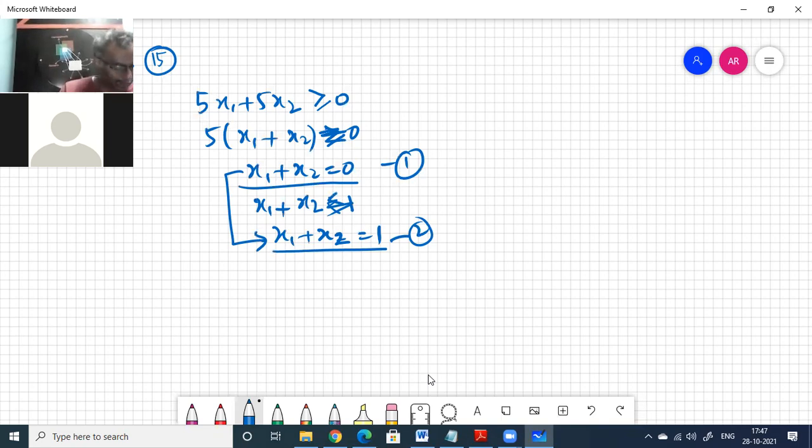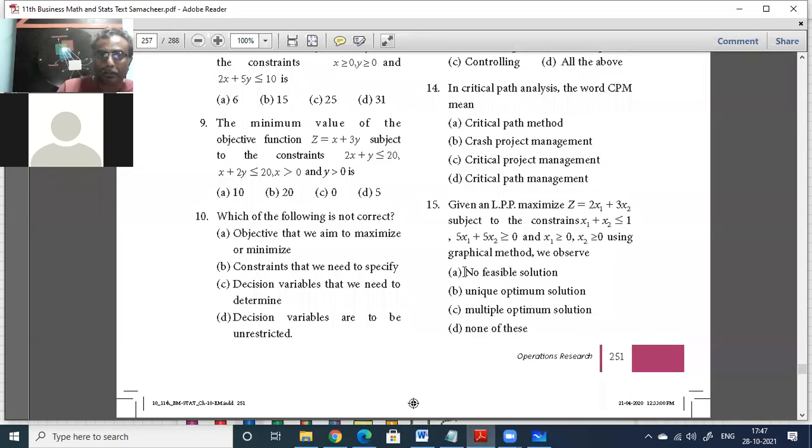So the best solution in that case: no feasible solution. Unique optimum solution you cannot get. Multiple optimum solutions also you cannot get. No feasible solution is the best answer.